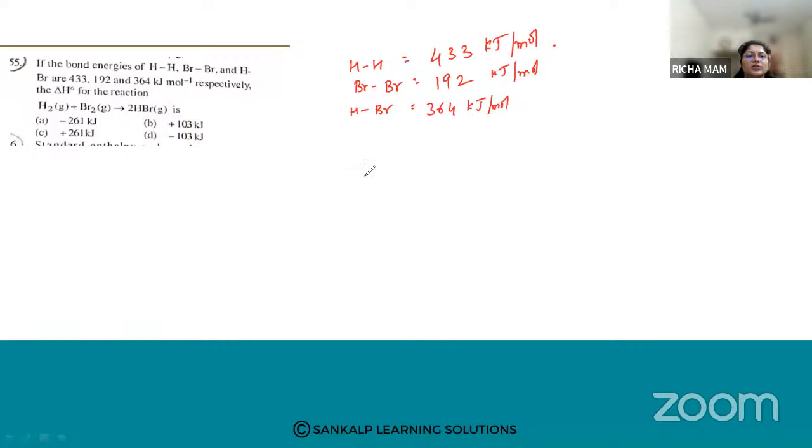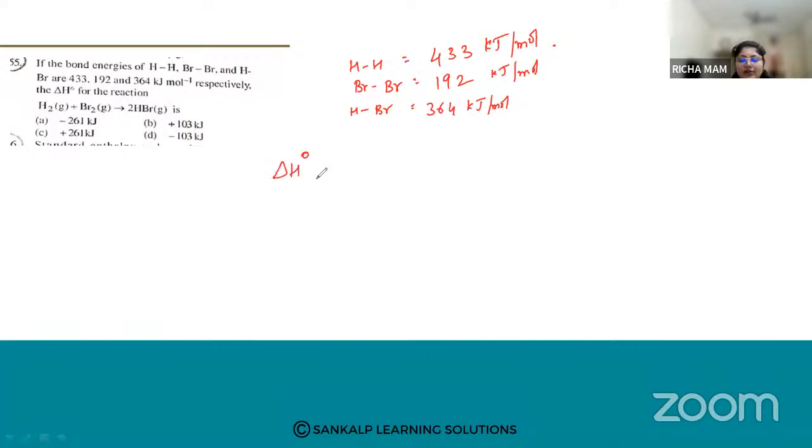If the bond energies of H-H, Br-Br, and HBr are given, so what is the bond energy? 433, 192, and 364 kilojoules per mole.